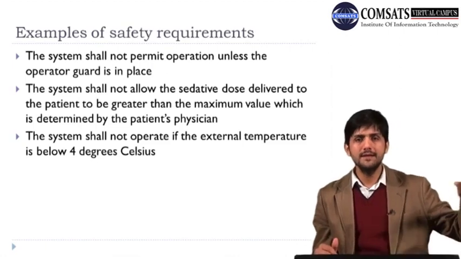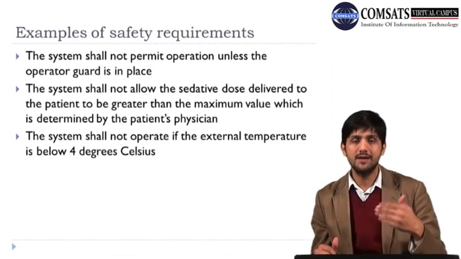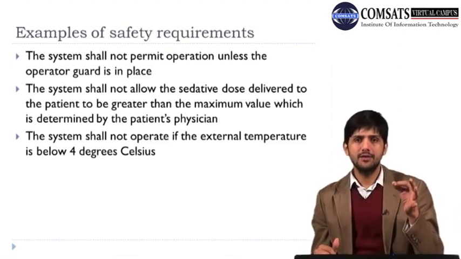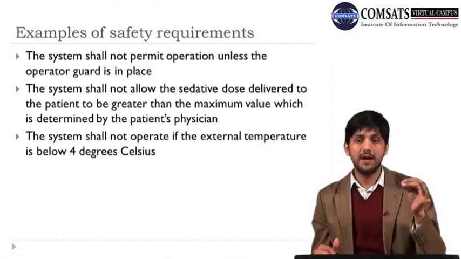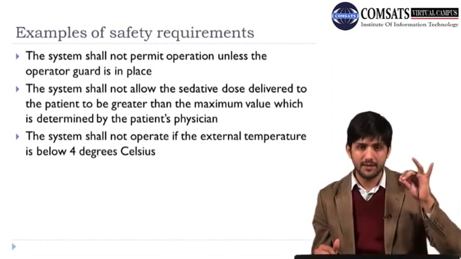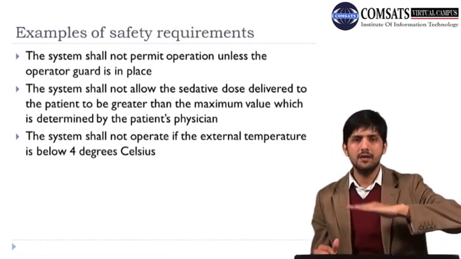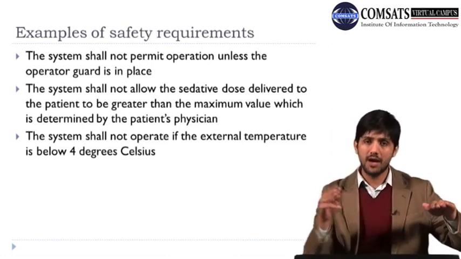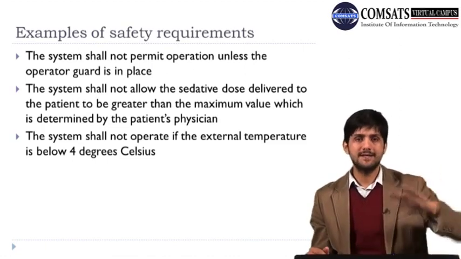In this example where you are giving a sedative dose to a patient, you already know that you have to follow the prescription that the physician has specified, and only give the dose that is written by the physician. That is a safety requirement which is already there. So if we are making a system which automatically gives that dose to a patient, then our system should not exceed that limit.